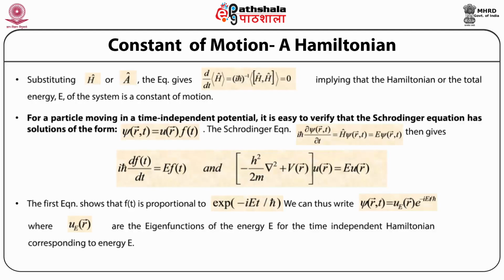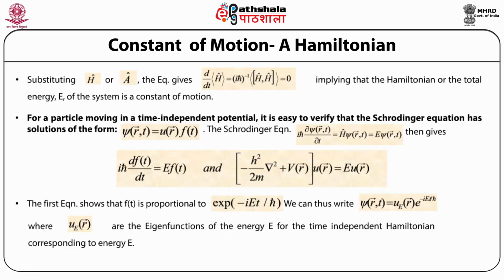Since this is a linear equation, it is clear that the correspondence between the initial state of the physical system denoted by the ket vector psi as a function of t naught and the state of the physical system at some later instant in time t denoted by the ket vector psi as a function of t is also linear.